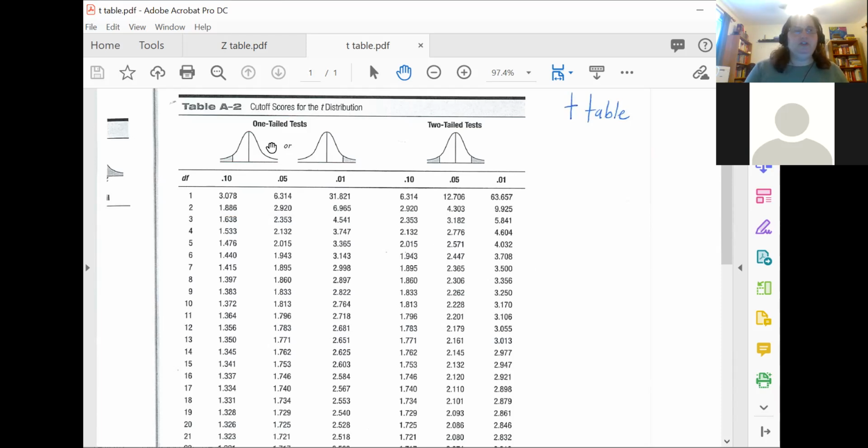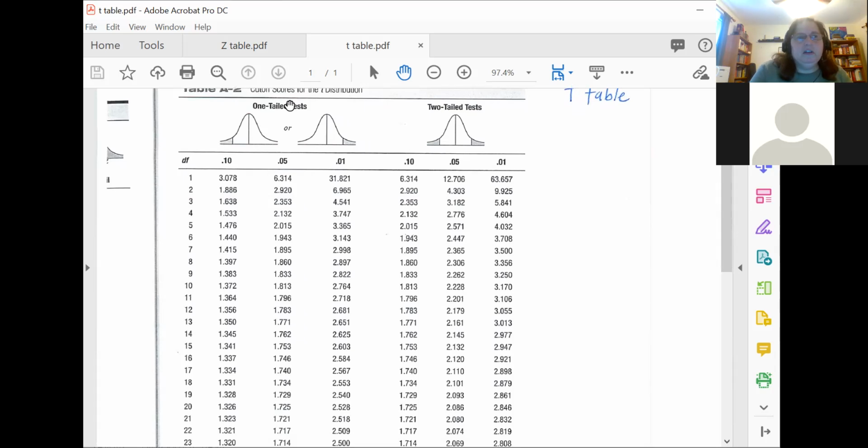So we'll just pretend it's one-tailed, alpha is 0.05, and I figure out that in my samples I have a group of 10 and a group of 12. So 10 and 12 is 22, minus 2 is 20. So I've got to go down to 20. One-tailed, 0.05, 20. My cutoff value is 1.725. That's the number to beat.